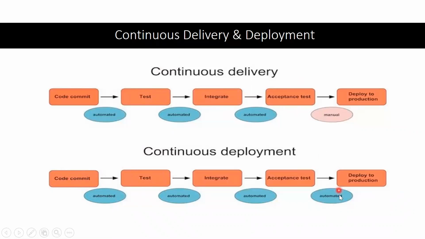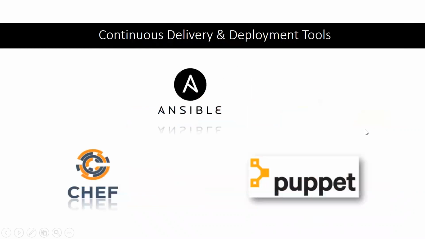Once it is done, or once it is automatic, then it is deployed to production. For continuous delivery and deployment, we use configuration tools like Chef, Ansible, and Puppet. These are the most popular tools in the DevOps process.